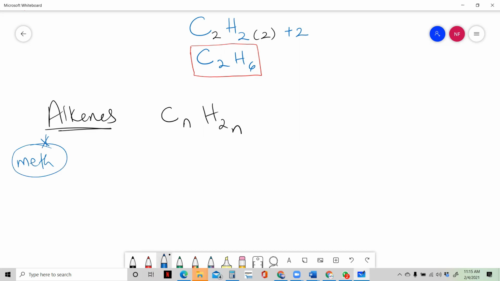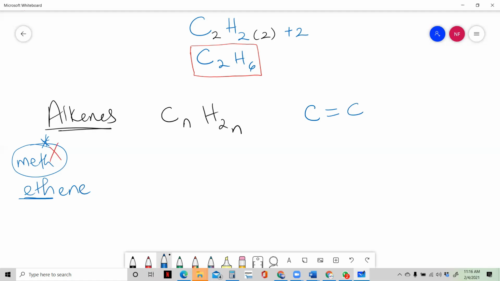And the reason for that is because the alkene functional group is C double bond C. If I had just one carbon, then I can't be an alkene because an alkene must have a C double bond C. So the lowest I can go for an alkene is ETH, which is ethene.